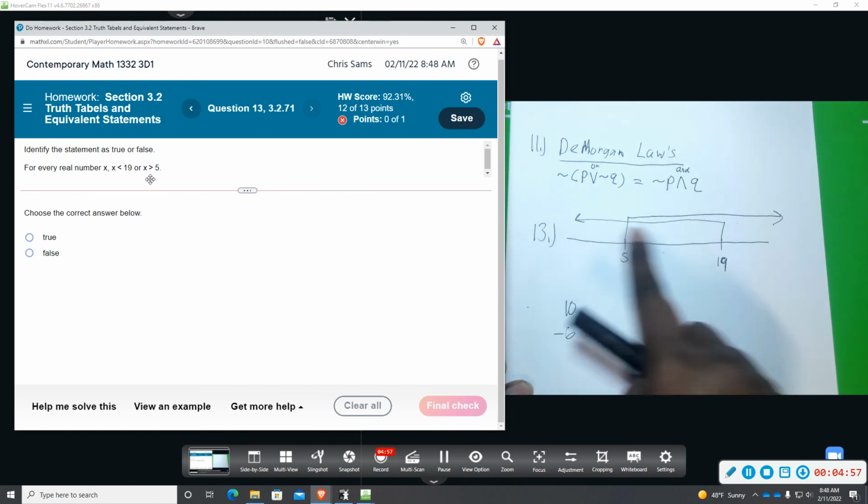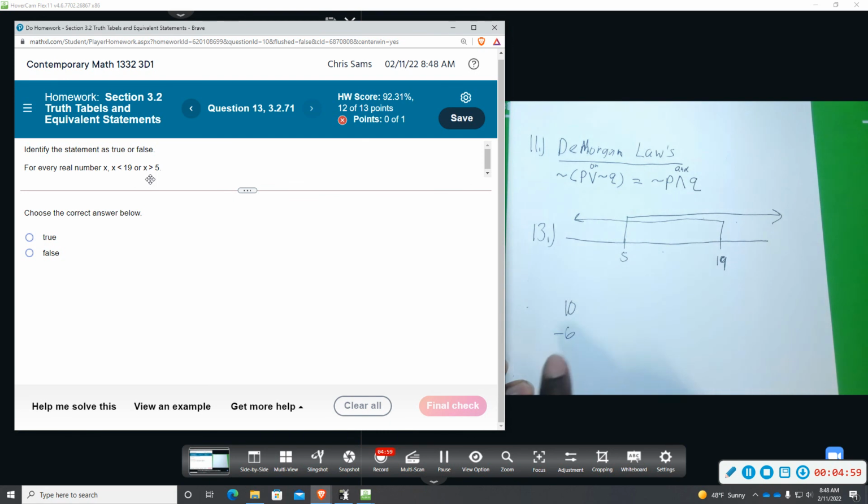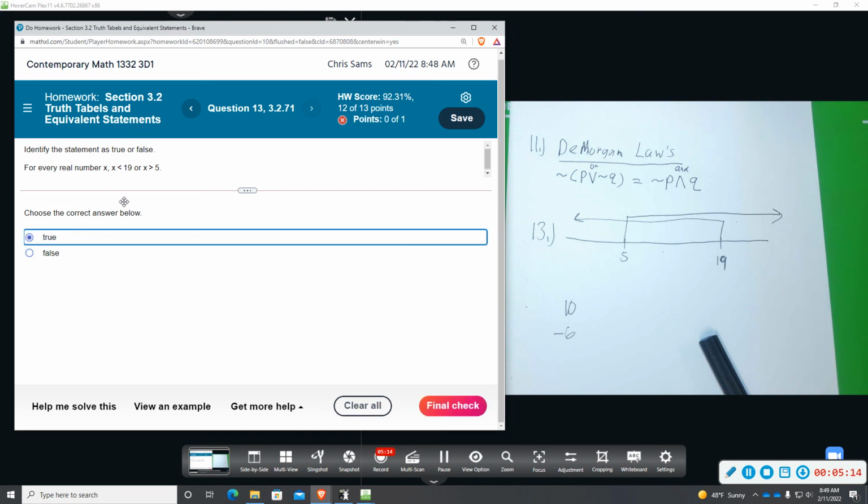Okay, but it does fall in the less than 19. And the number doesn't have to fit both scenarios. It only has to fit one, therefore the word or. Okay, so any number that you pick will fall in one of these categories because it spans the whole number line. So this is a true statement. Every real number will be less than 19 or bigger than 5.